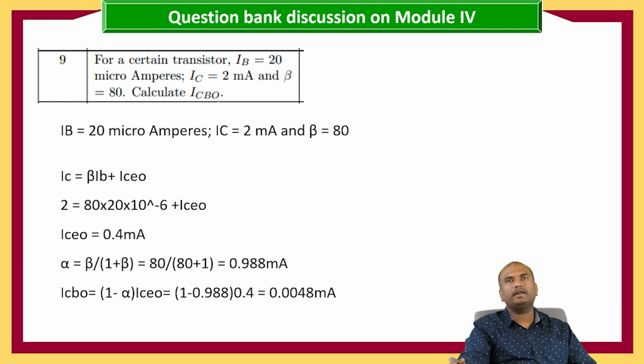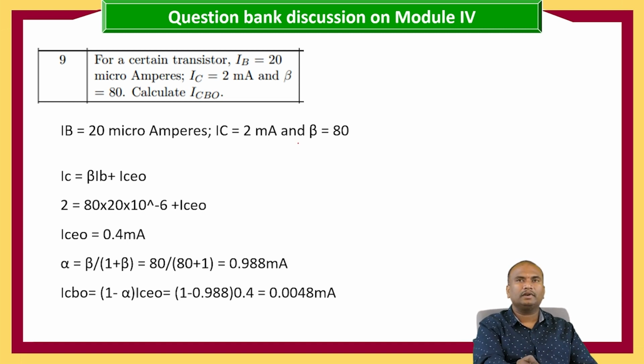So here the given data is the base current is 20 microamperes. As we have discussed, always the base current will be in microamperes, and collector current is 2 milliamperes and beta is equal to 80, where IC is equal to beta into IB plus ICE naught.